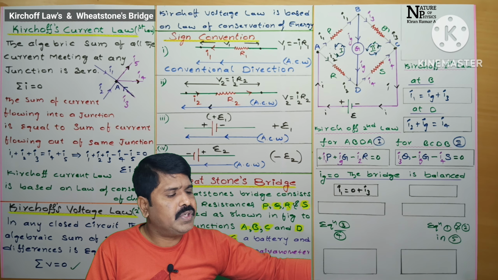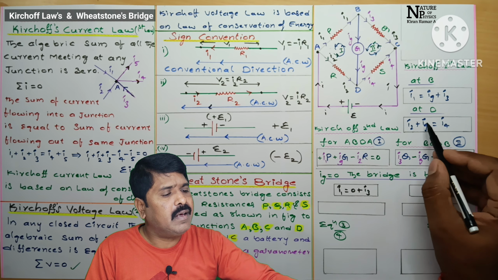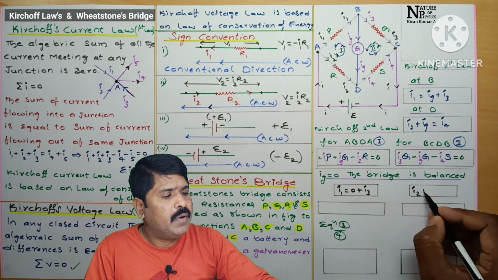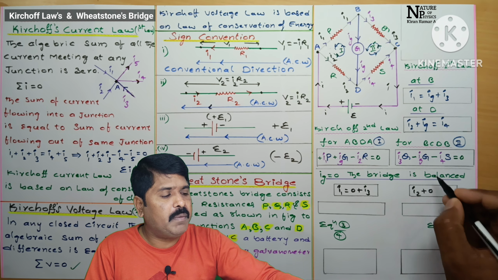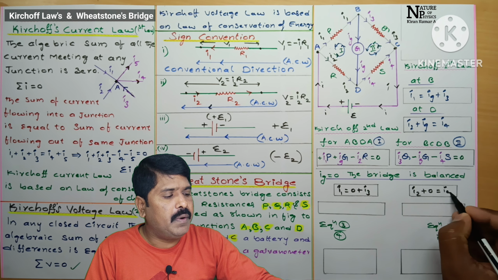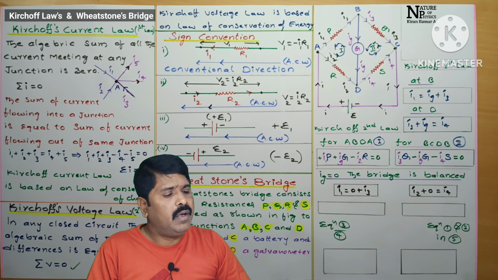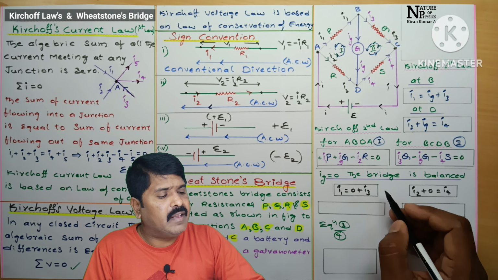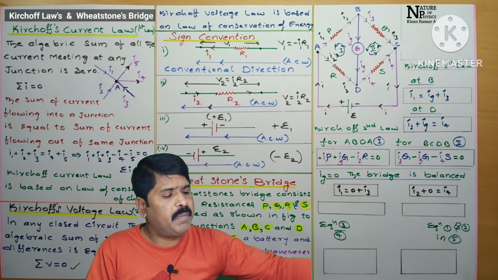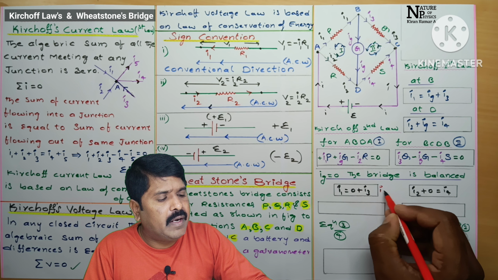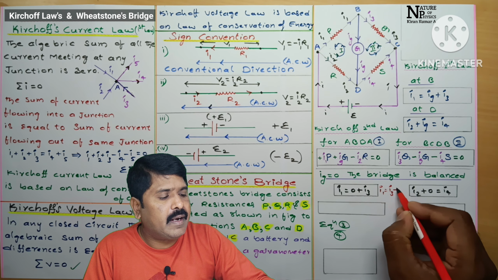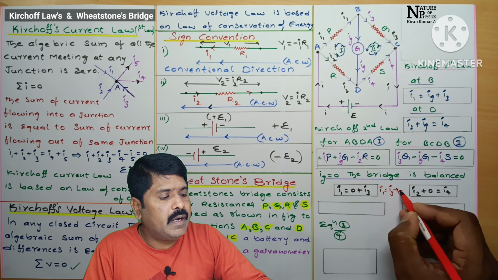And then, continuing, next at junction D, I2 plus 0 galvanometer current is equal to I4. So I will get I1 is equal to I3, student, which I can write as equation number 1.